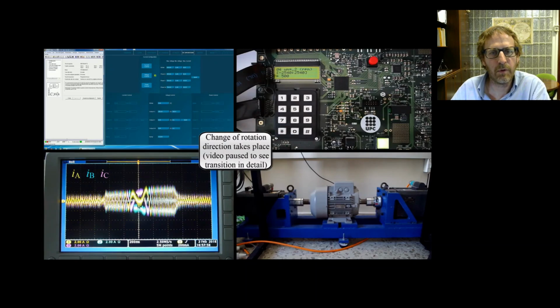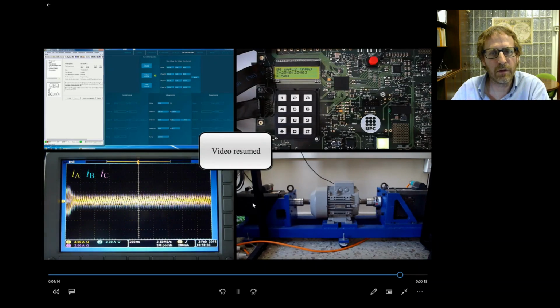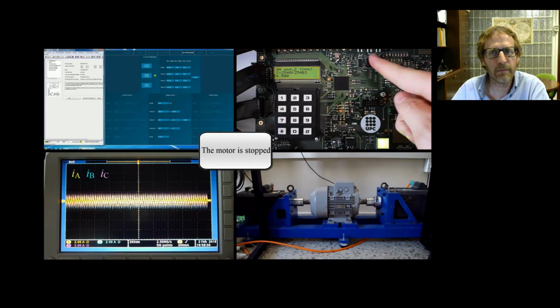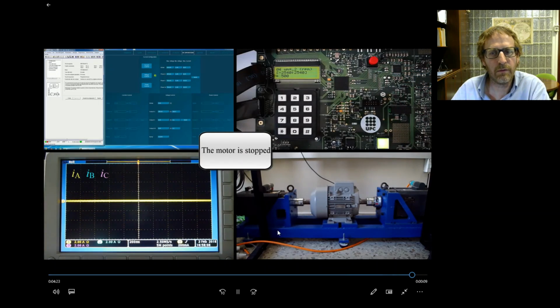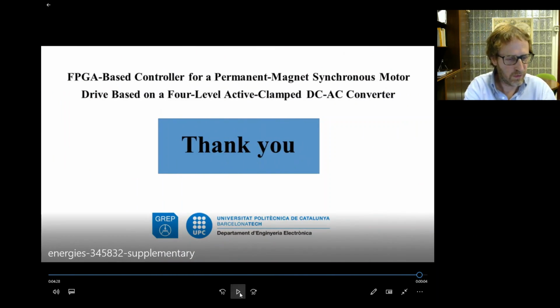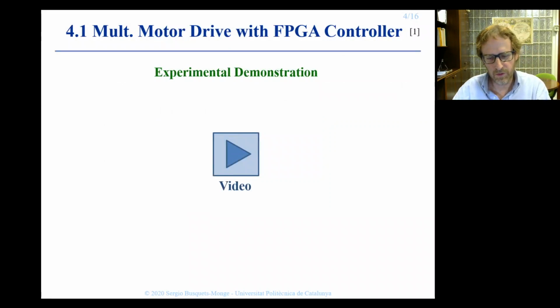Now the video is paused so that we can see the waveforms of the currents while changing the rotation direction. And we finally stop the machine. Okay, so we come back to the presentation.